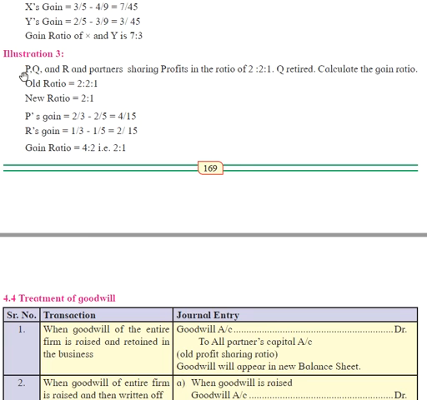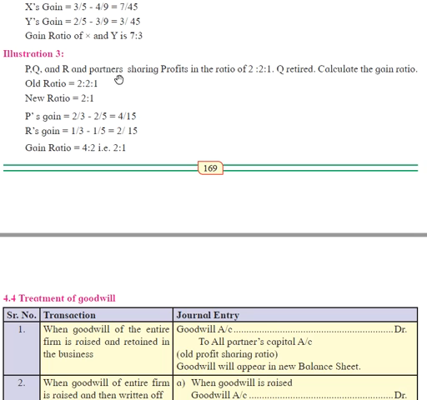And again, P, Q and R are partners sharing profits in the ratio of 2 is to 2 is to 1. Q retired. Calculate the gain ratio. Old ratio is 2 is to 2 is to 1, and new ratio is 2 is to 1. So gain ratio equals new ratio minus old ratio.